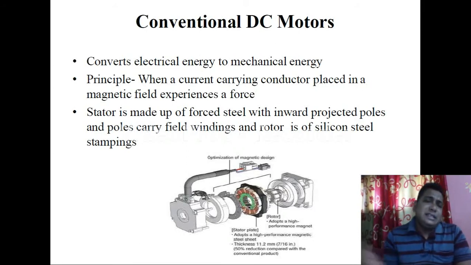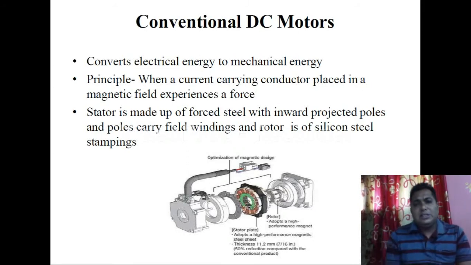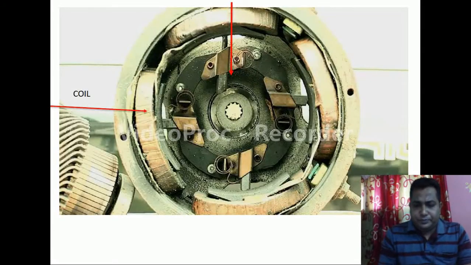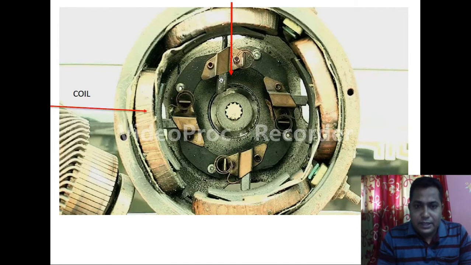Nowadays these applications are reducing. Instead of DC motors, three-phase induction motors are taking the market. As you can see, there is a very interesting diagram. Follow my pointer. These are the brushes.